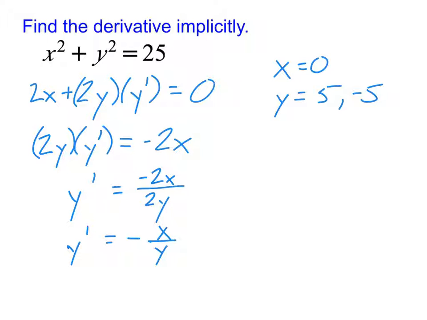I'd want to know which one I'm working with in order to find the slope at that point. Hence why you'll notice that our equation has both x and y in it. Because there's multiple y's that could go with that one x. And so, for instance, I might pick that it was actually going to be the 5. And so I could say, okay, well, at the point 0, 5, I can plug that in and figure out what my slope is.